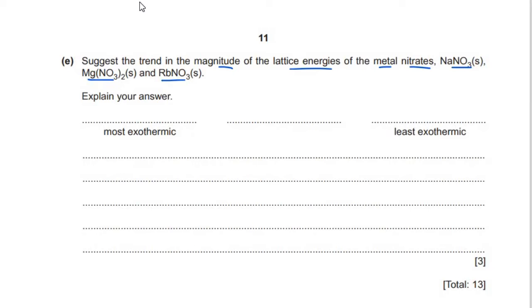So if we understand the ionic size, we know that sodium and magnesium are in the same period, and as the ionic size or the atomic size decreases along the period, magnesium is smaller and sodium is bigger. Now rubidium is in group 1 below the sodium. Sodium, potassium, rubidium. So rubidium is even bigger.